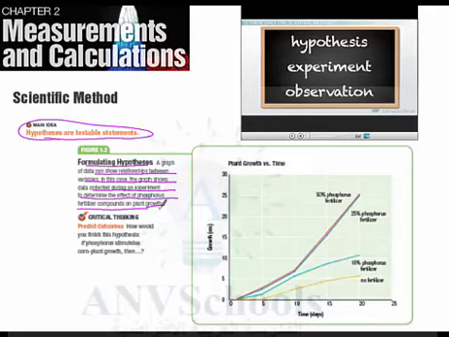Here we have growth, as in health or height, and here we have time of the day. You can see that when they use 50% fertilizer, the graph shows the highest growth.